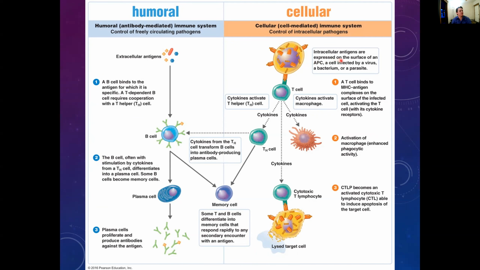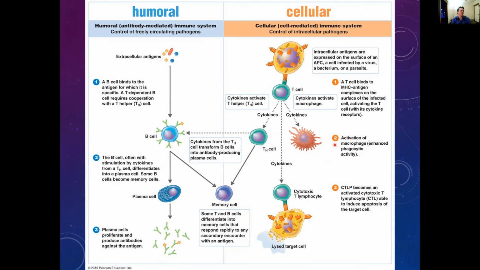Moving on to the other side. Intracellular antigens are expressed on the surface of an APC, which is essentially a cell infected by a virus or a bacterium or a parasite. Now what happens is a T cell will bind to an MHC. We'll talk more about them later, so don't freak out about it too much. It will bind to the MHC antigen complex on the surface of the infected cell, which will activate the T cells with the cytokine receptors.